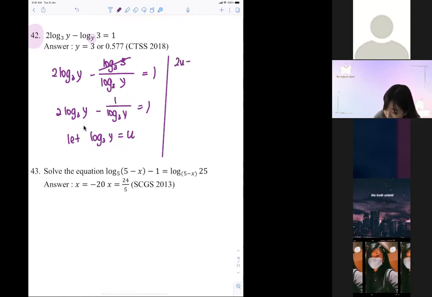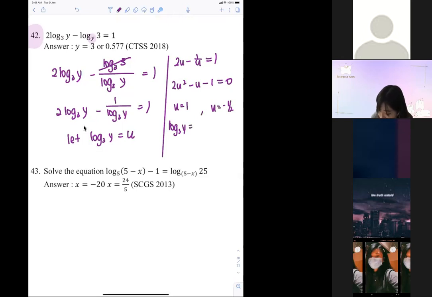Okay, so we got 2u minus 1 over u equals to 1. Everything times u. 2u squared minus u minus 1 equals to 0. Then we solve for u. Okay, we get u equals to 1 or u equals to minus half. Then change back to log 3y. Log 3y equals to 1 or log 3y equals to minus half.